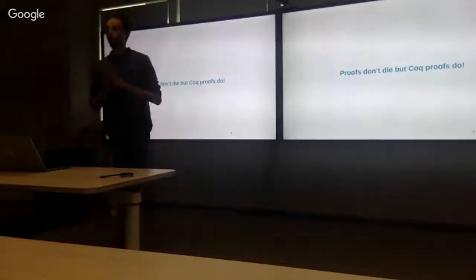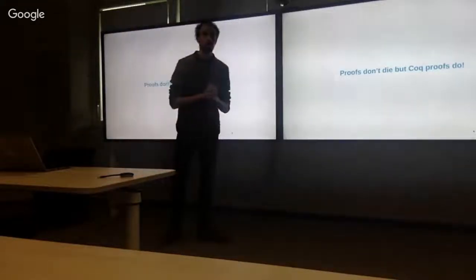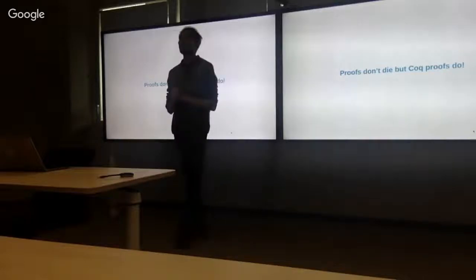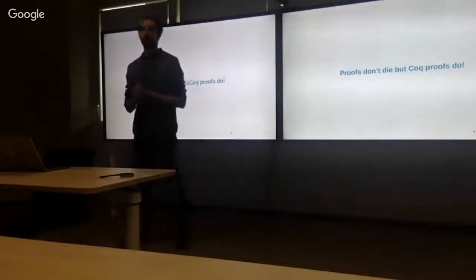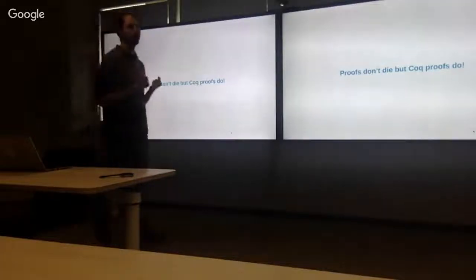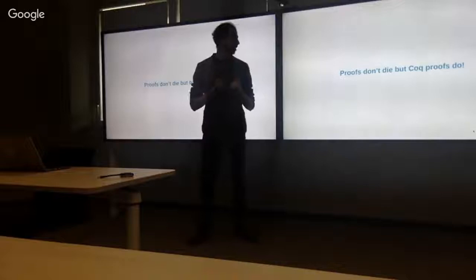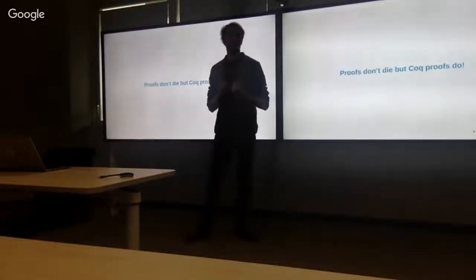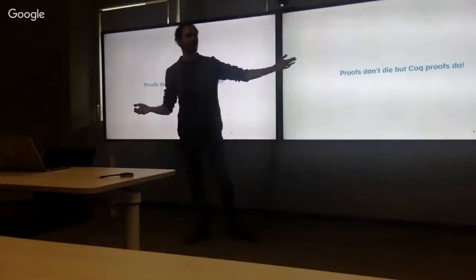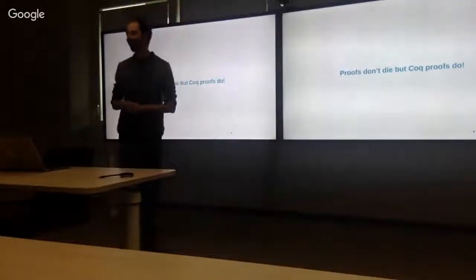So this leads me to one important point, which is that in the current situation, we are letting Coq proofs die. There is a logical contradiction in that sentence. Yeah. So it means that Coq is making the logic inconsistent. And there is a bit of emotional bias.